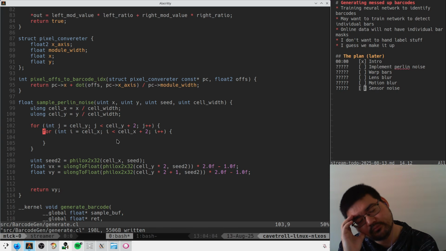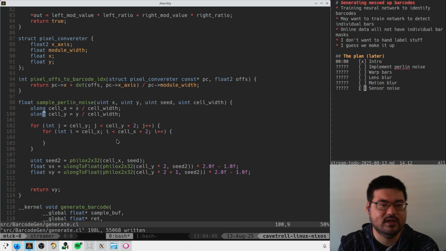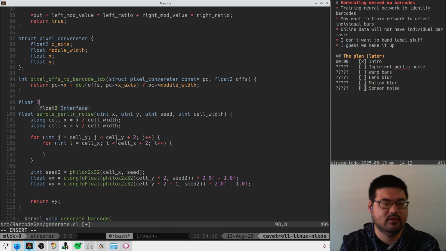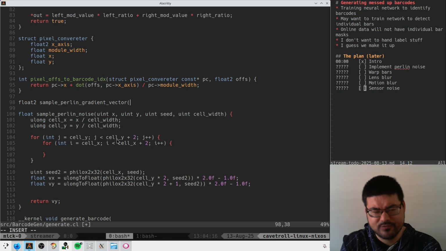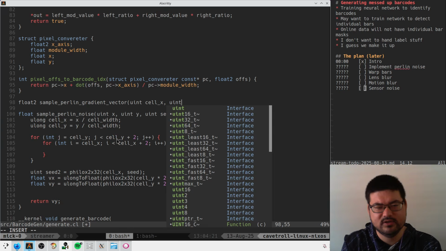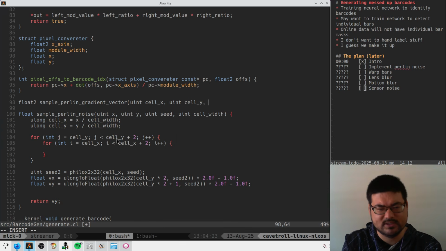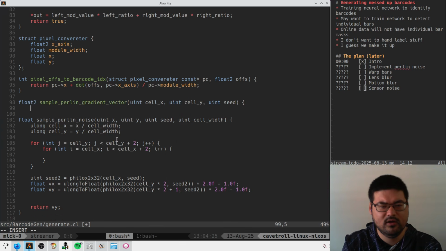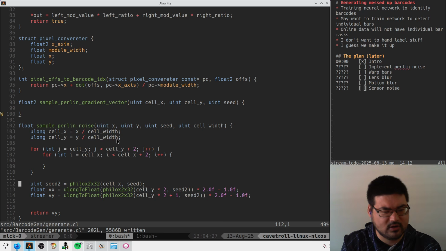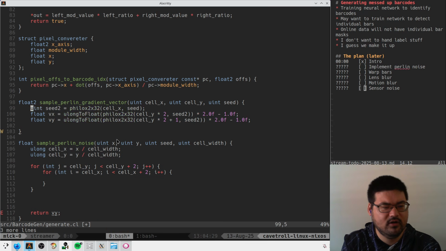Okay. So this means that for each of these, we're going to be making a float2 sample Perlin gradient vector at cell x, cell y. I think that makes sense, and then seed here. And then we can kind of take all this stuff.